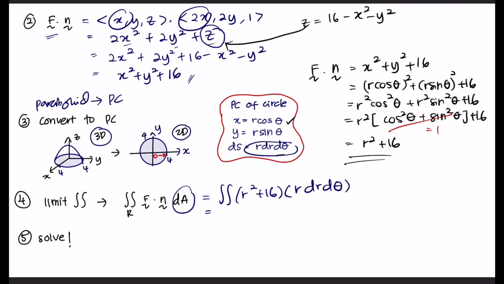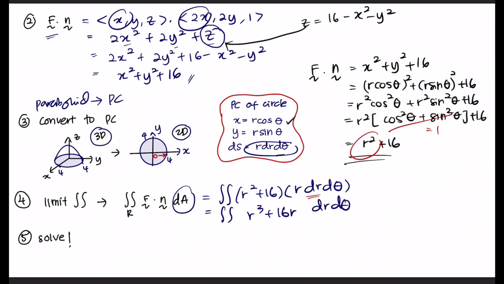Here for this example, for a circle, you cannot substitute r with the radius 4, because we want to integrate with respect to r, dr. Then simplify, we have r to the power of 3 plus 16r dr d theta.